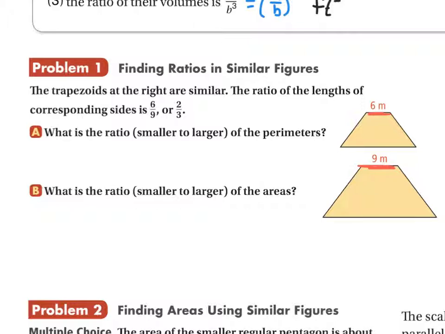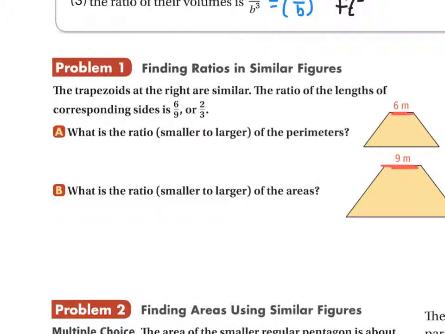And so the ratio of the lengths of corresponding sides, they even say that right here. What does that mean? That is the scale factor. The scale factor is the ratio of the lengths of corresponding sides. That's the definition of scale factor.